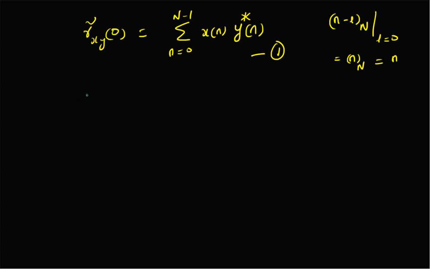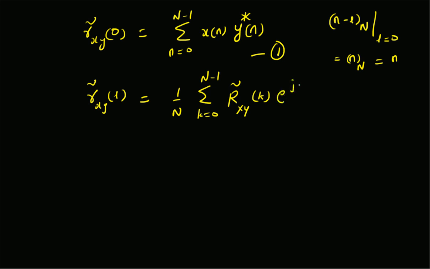Next, recall that the circular correlation R_xy tilde of L is also equal to the inverse DFT of the following, that is, k equal to 0 to N minus 1 capital R_xy of k tilde e power j 2 pi lk by capital N. This function R_xy of k tilde is defined as the product of X[k] and Y[k] conjugate.